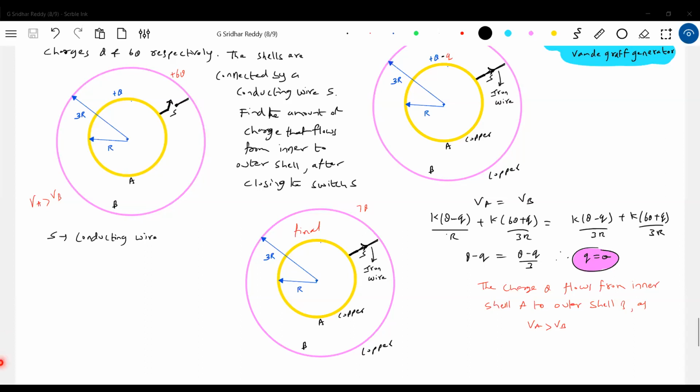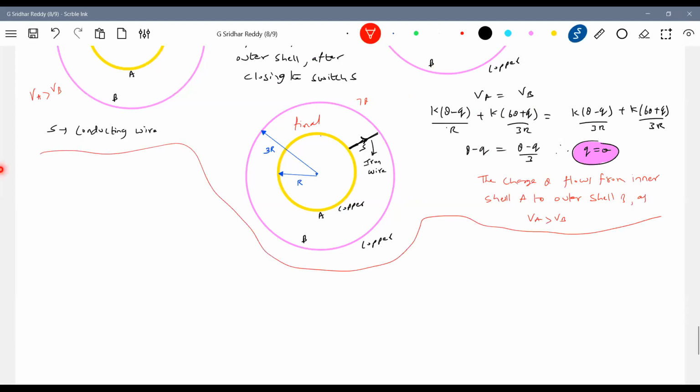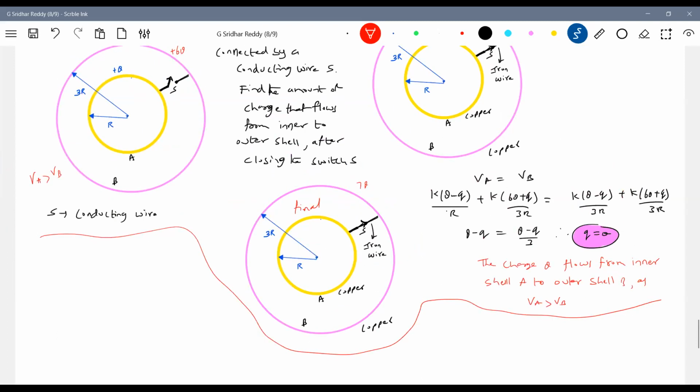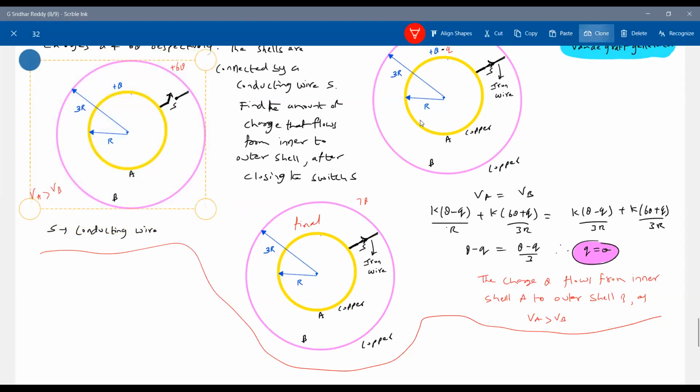Okay, now the second condition is: Sir, if we take a minus q, we will get the resultant as minus q, no sir? The charge transfer would be minus q, no sir? What are you asking?